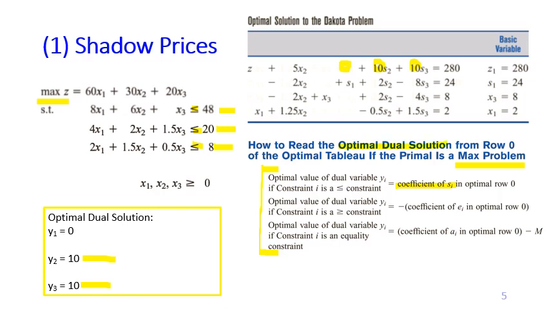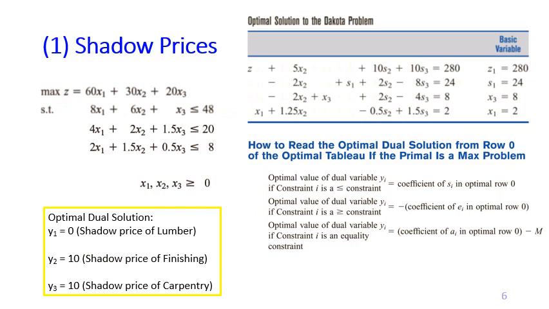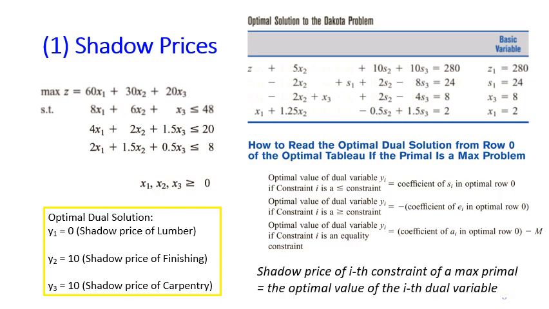See that I have not talked about the shadow prices yet. At this step, I have just obtained the optimal dual solution, but not the shadow prices yet. Now remember the relation between the dual optimal solution and shadow prices, if the problem is a maximization primal, looks like this.